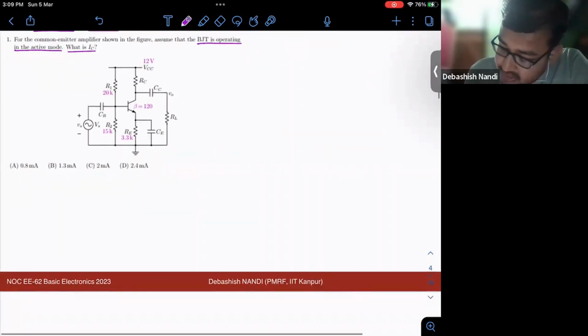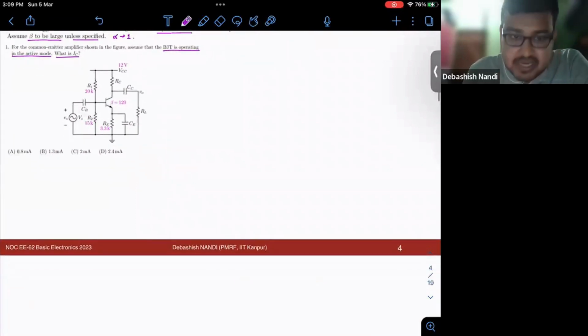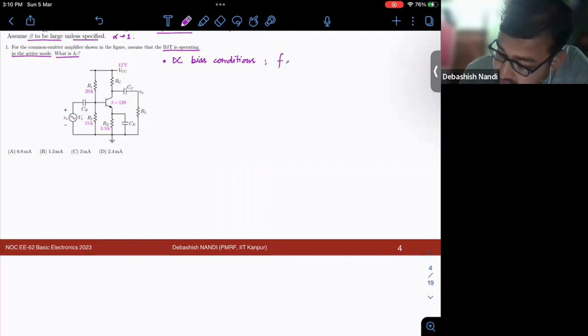So how to go about this? You can see that the circuit is very large, with capacitances and all. For DC bias conditions, your frequency f or omega is 0.